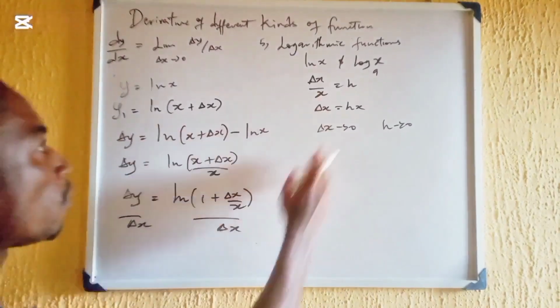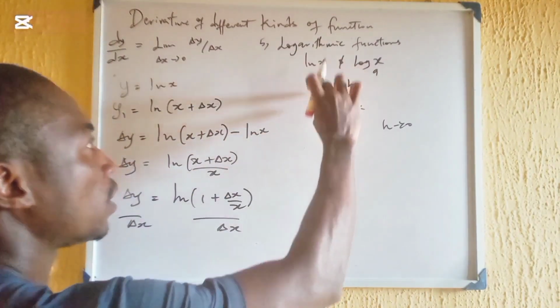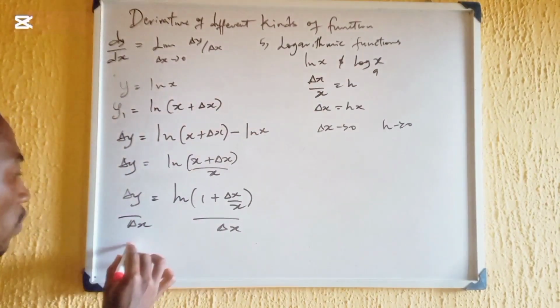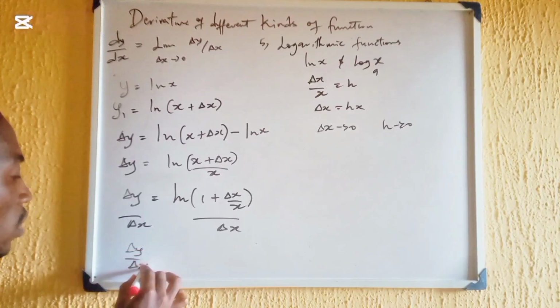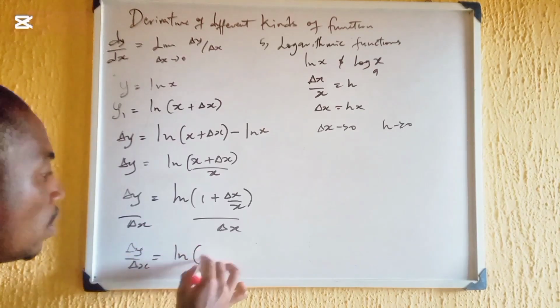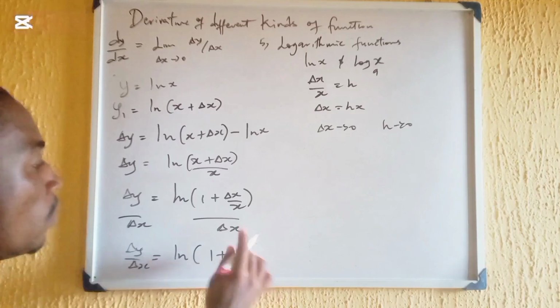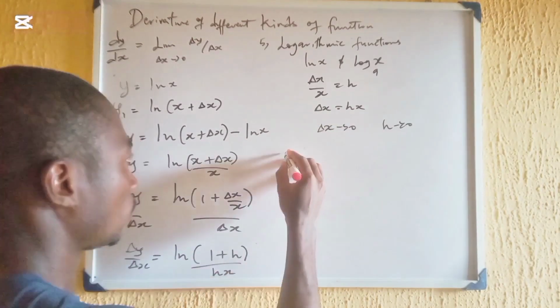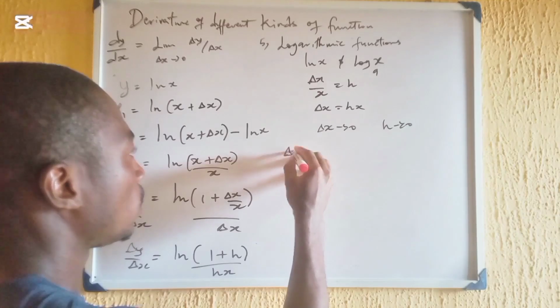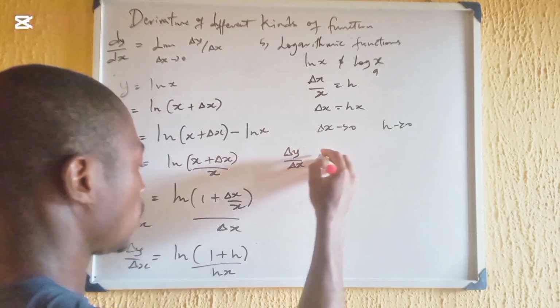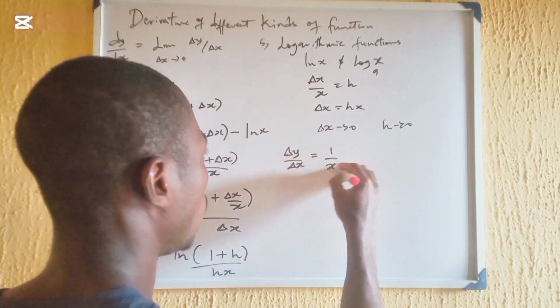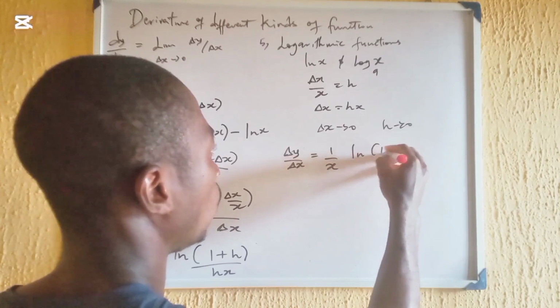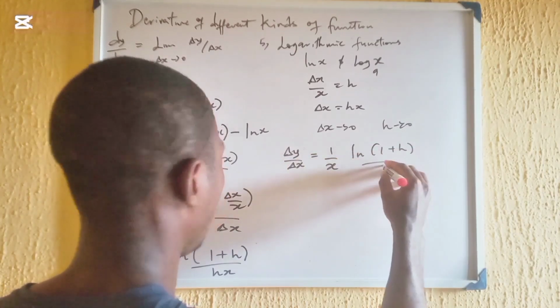Substituting for change in x over x in this equation, we'll be having change in y over change in x is equal to ln of 1 plus h. Now, what's our change in x? hx, so over hx. So we'll be having that change in y over change in x is equal to 1 over x ln of 1 plus h over h.